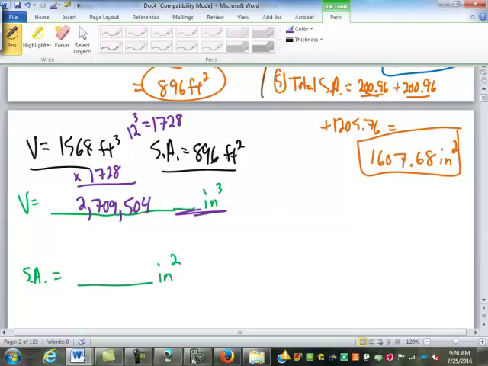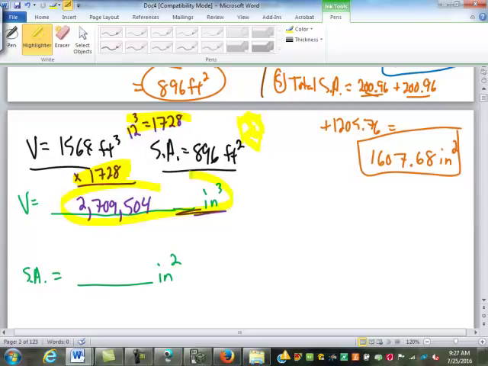One. Okay. So let's step back a second. Questions on where the 1728 came from? Remember, that's just because a cubic foot is 1 foot by 1 foot by 1 foot. So it ends up being 12 inches by 12 inches by 12 inches, which is 1,728 cubic inches in 1 cubic foot.